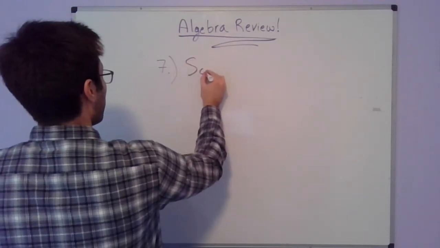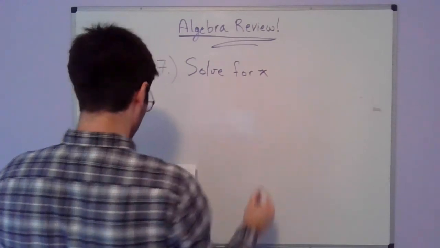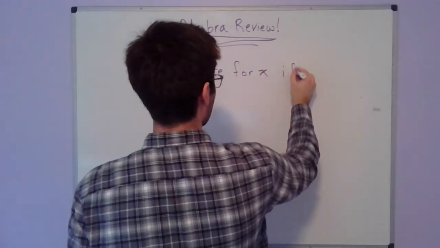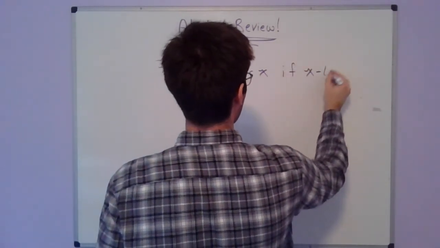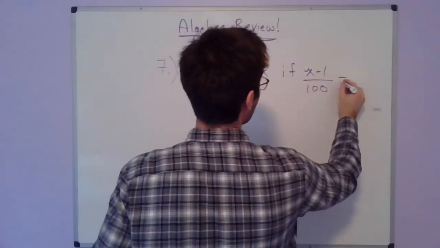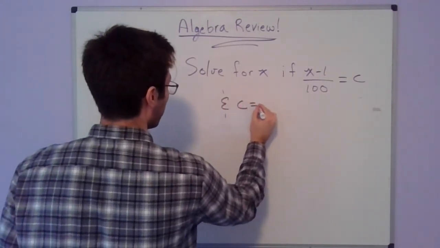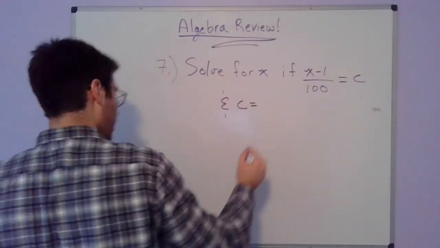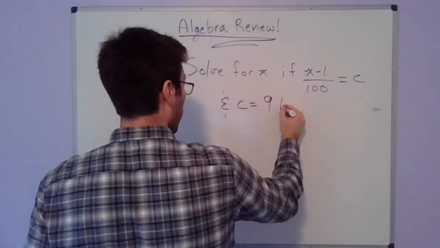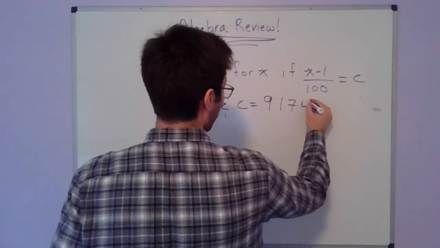Solve for x if x minus 1 divided by 100 is equal to c, and c is equal to 9.1742.